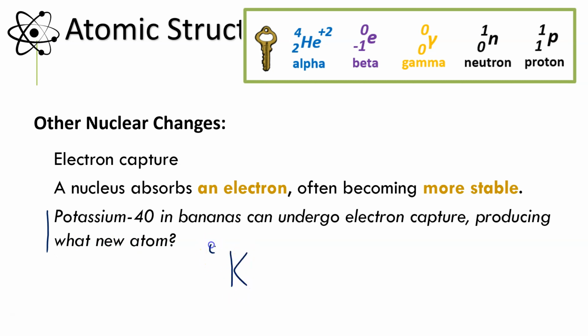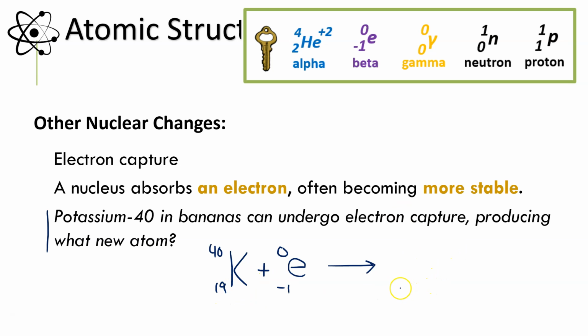Let's begin by writing the symbol for potassium-40. If it's capturing or absorbing an electron, we're going to write that electron symbol being added to the potassium prior to the arrow. Essentially, these 2 particles are fusing to become 1 particle, and it says producing what new atom?